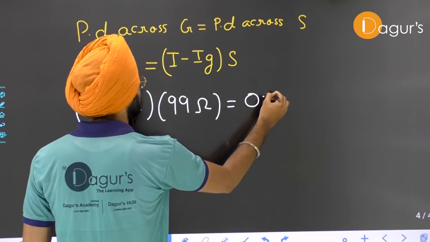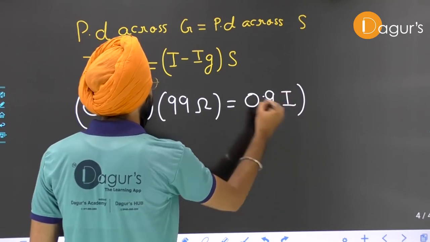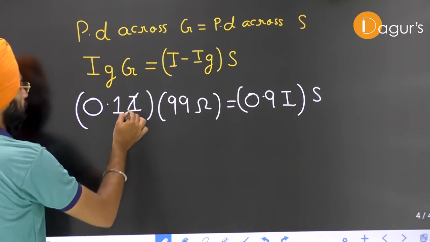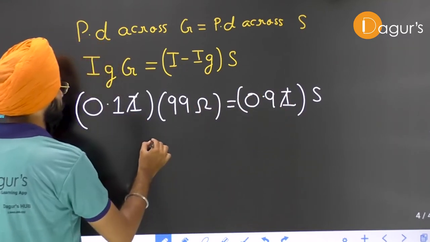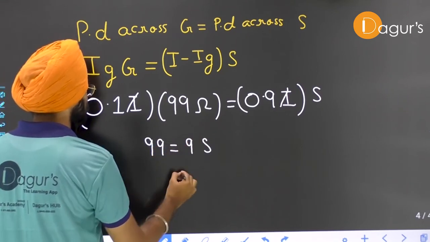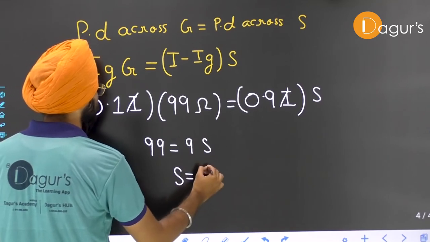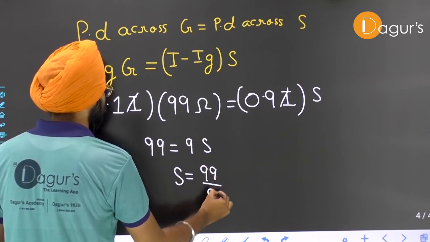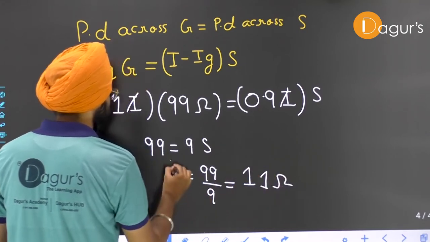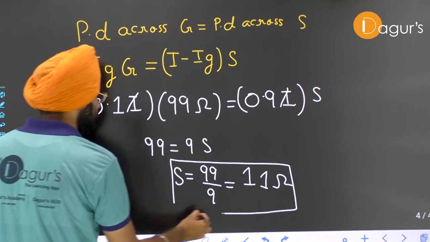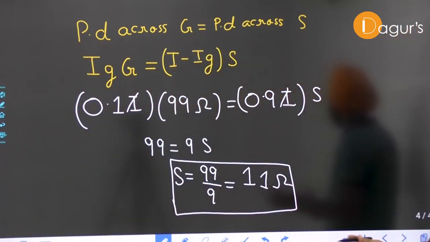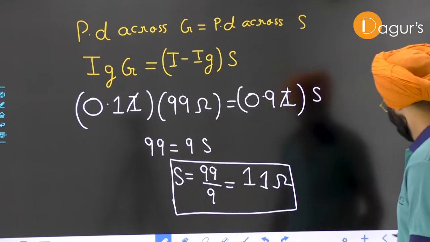I minus Ig is 0.9 of I, and we have to calculate S. So the I cancels, and it becomes 99 is equal to 9 into S. So the shunt resistance comes out to be 99 upon 9, which is equal to 11 ohm. So the shunt resistance is 11 ohm.